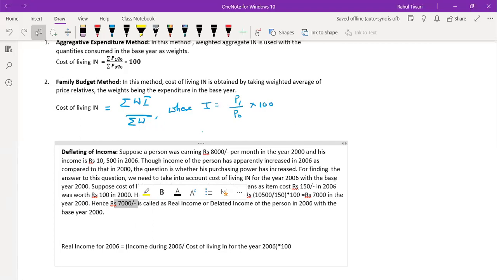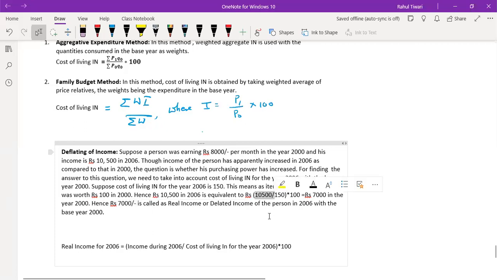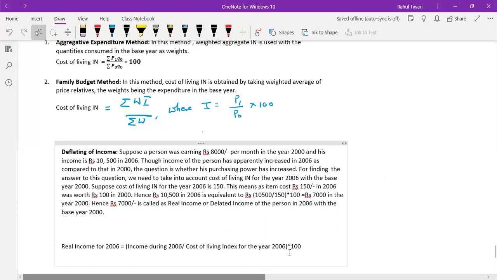So I have written here 10,500 divided by 150. How did I write this? This is my current income divided by my current cost of living. Income during 2006 divided by the cost of living index for the year 2006, multiplied by 100. So how do you calculate this real income?